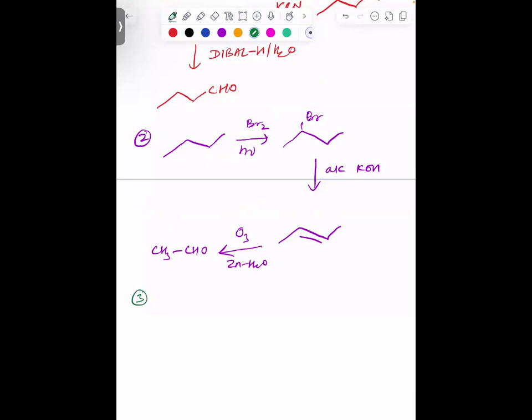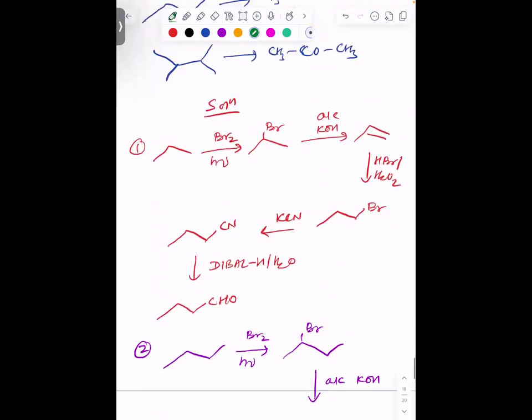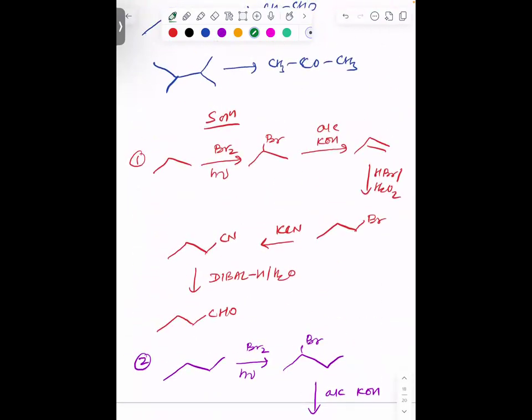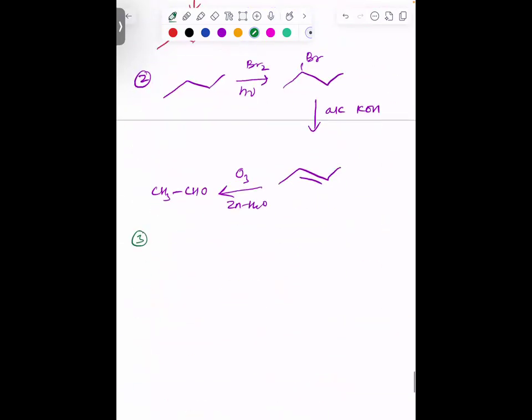Third one is also reducing the carbon into half. Again we have to use the ozonolysis method.